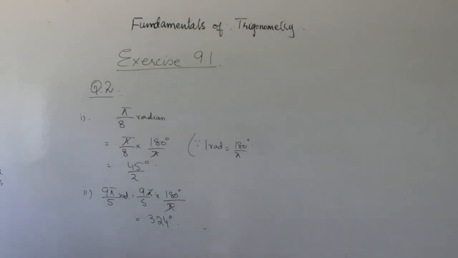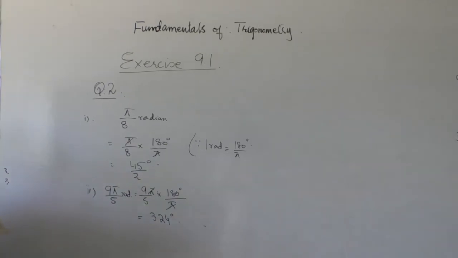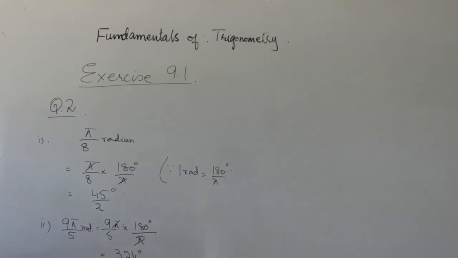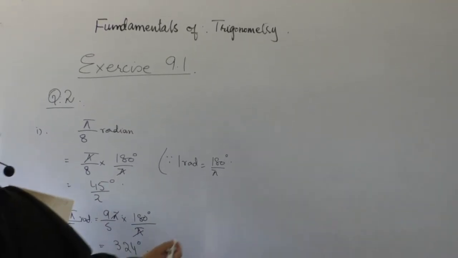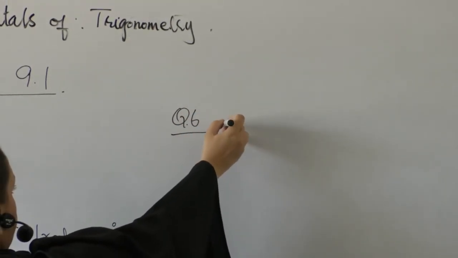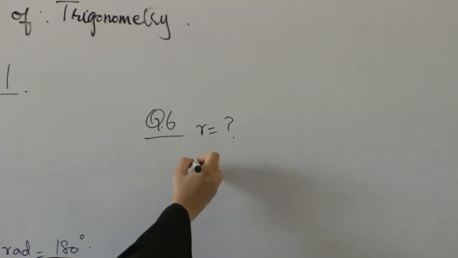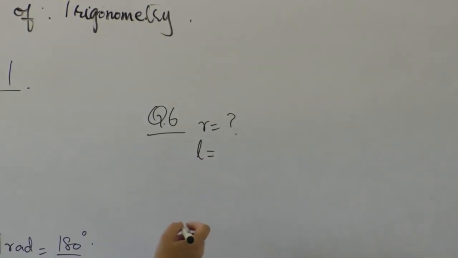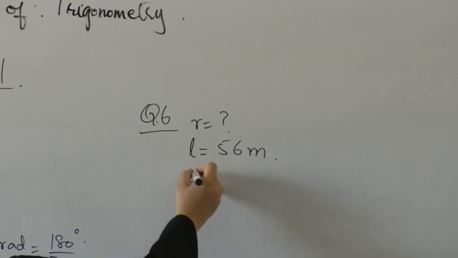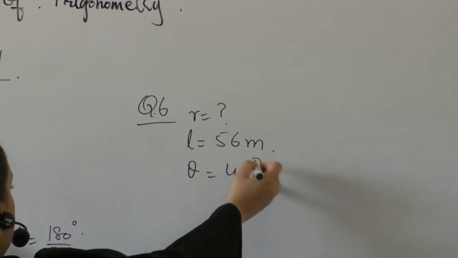So, following this method, in question number 6, we need to find out R where L is equal to 56 meter and theta is equal to 45 degree.